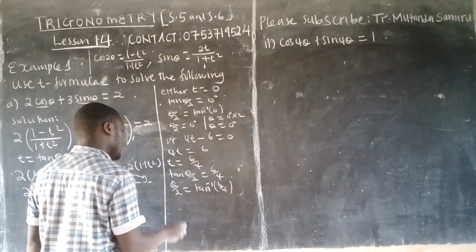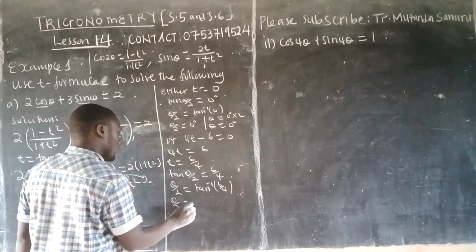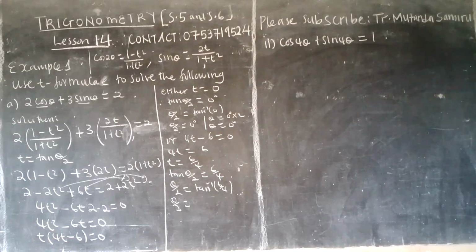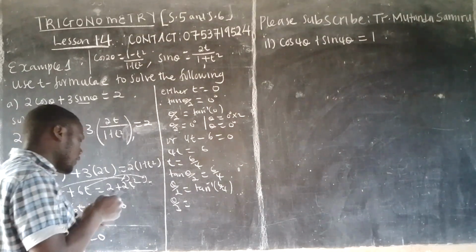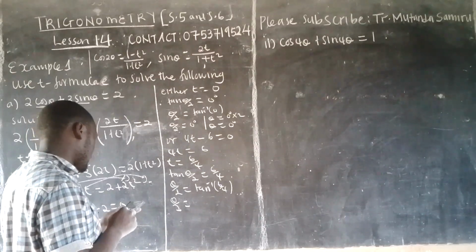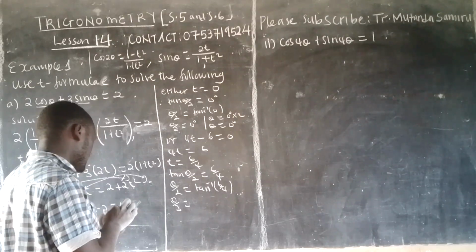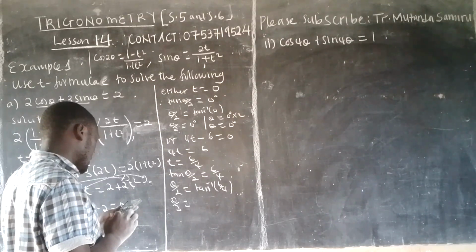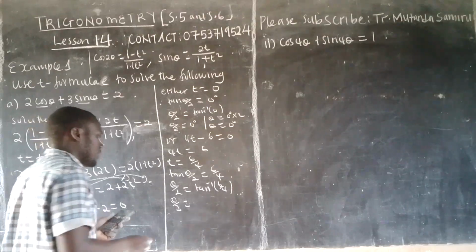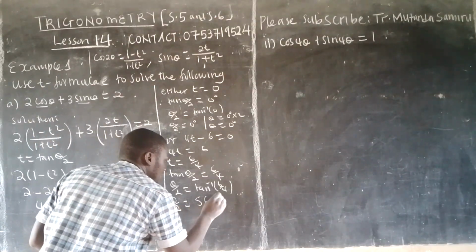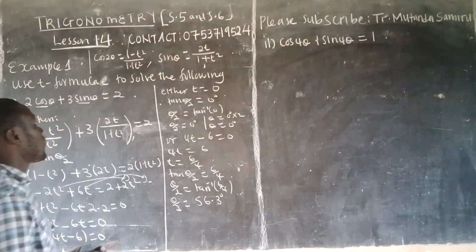Let's get that principal angle. So you're going to have 6 divided by 4, tan inverse of the answer, 56.3 degrees.